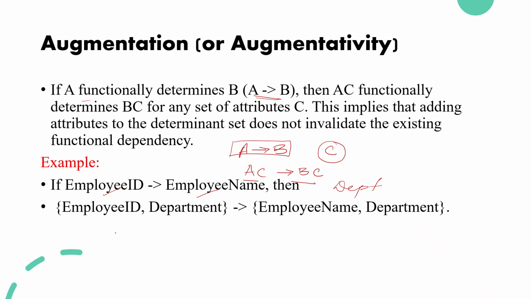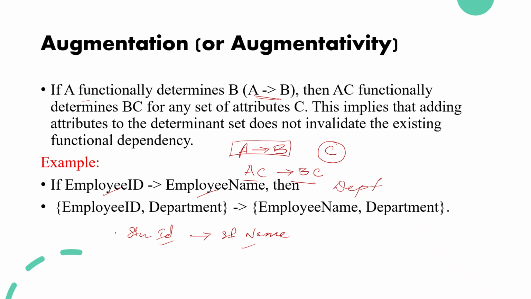If we see one more example for this, let us take the same student ID. Student ID determines student name. Student ID is one attribute, student name is one attribute. So student ID determines student name is the existing functional dependency.